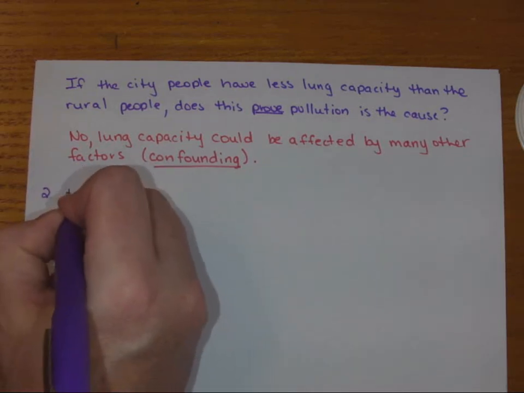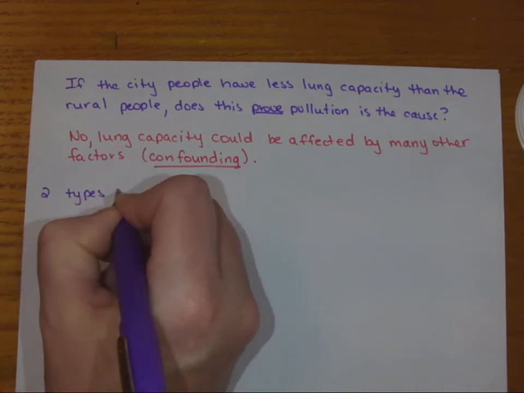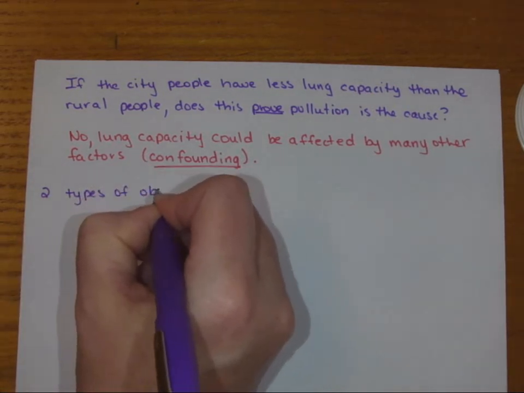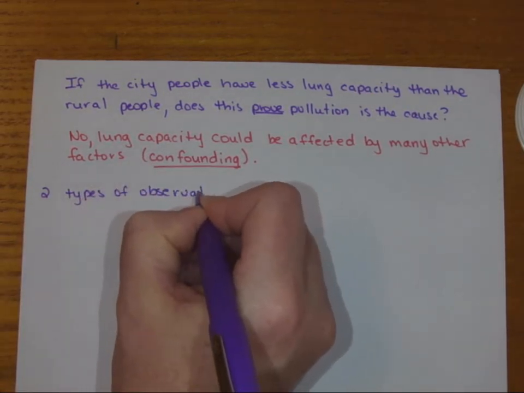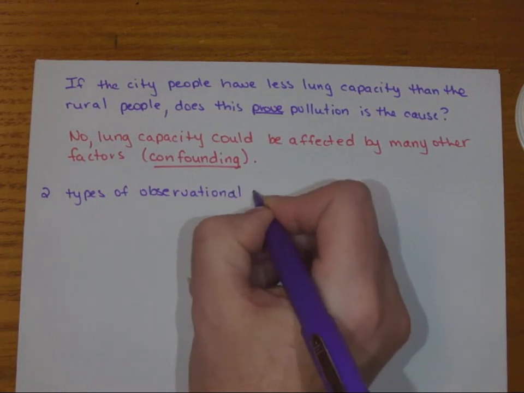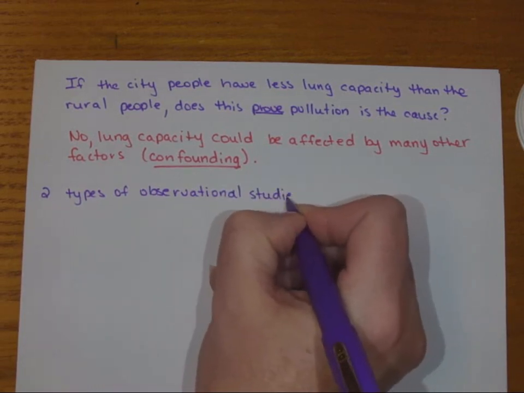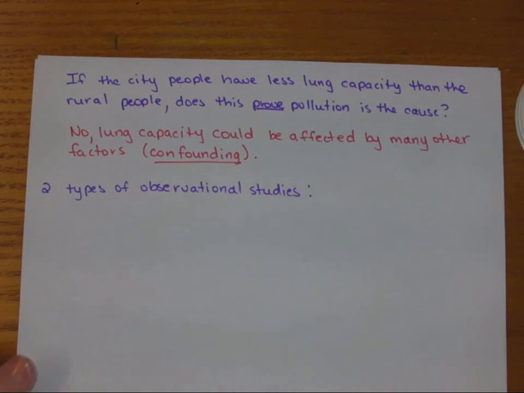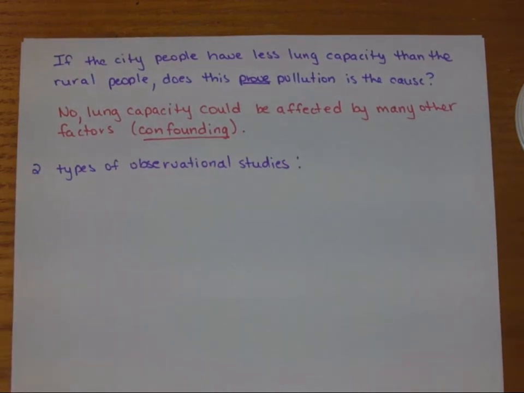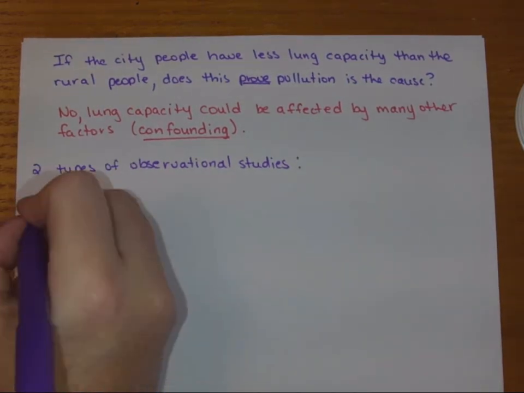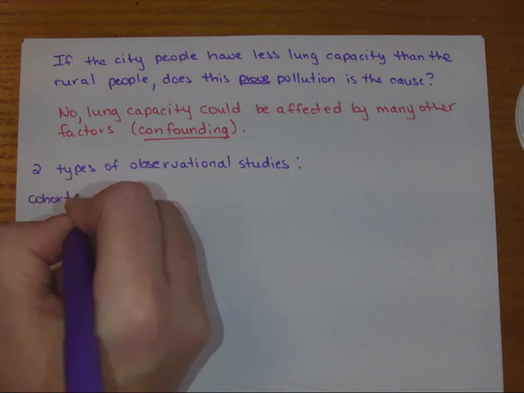All right. So while we're talking about observational studies, just because they are actually pretty common, because they don't invade people's privacy as much as assigning treatment groups to people. Okay, so two types of observational studies are, the first one is called cohort studies.